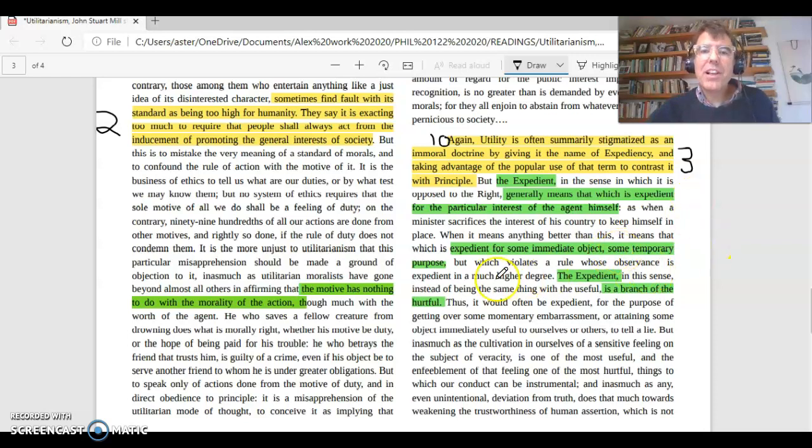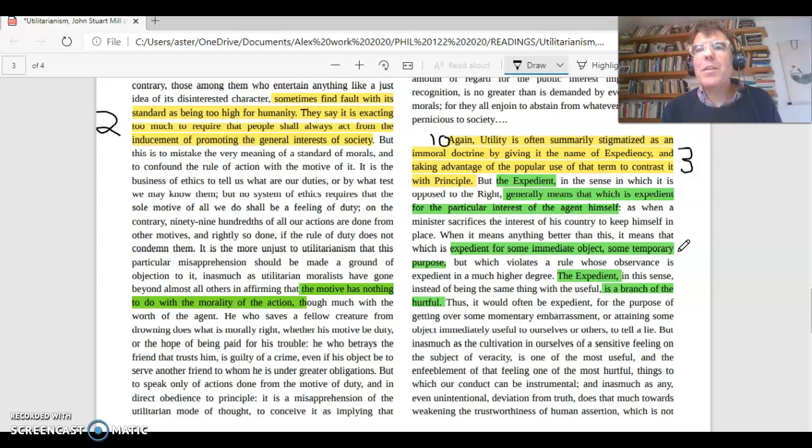Let's look at a couple other lines. Expedient for some immediate object, some temporary purpose. So if utilitarianism is expediency, that would mean that you're just doing what's good for you at the moment, some temporary purpose. Mill's point is that utilitarianism is not this at all.